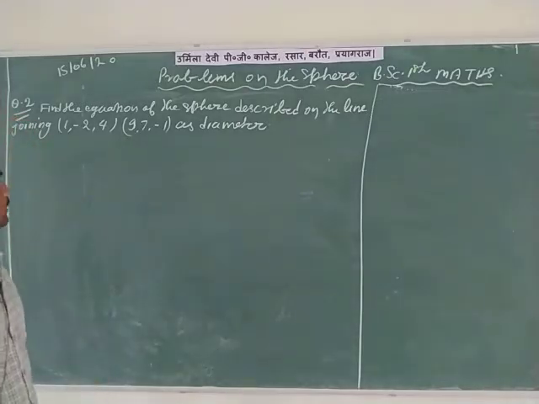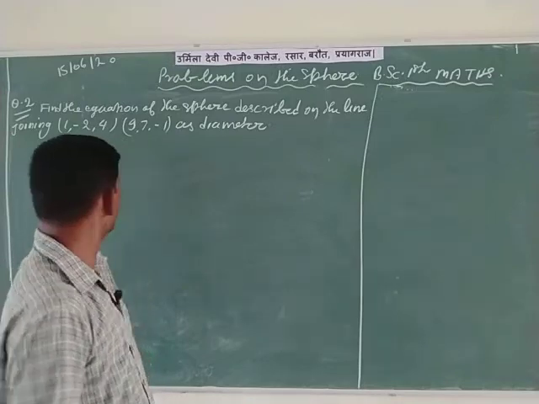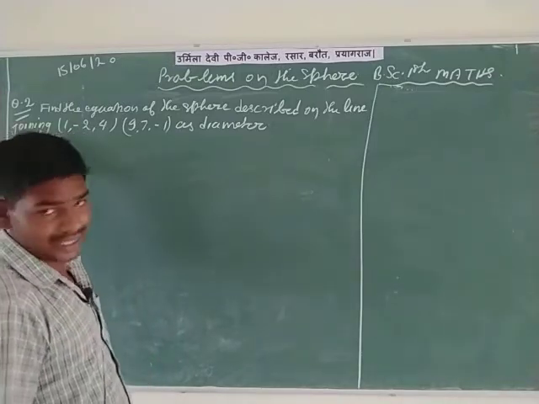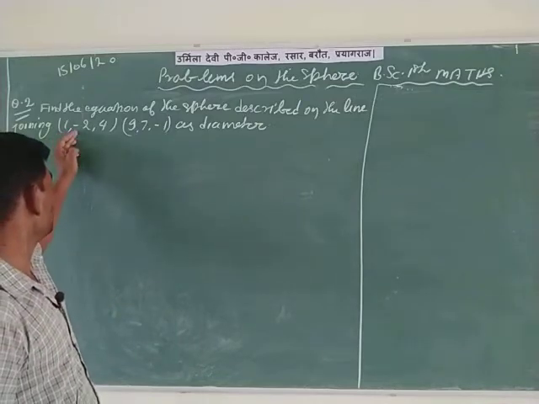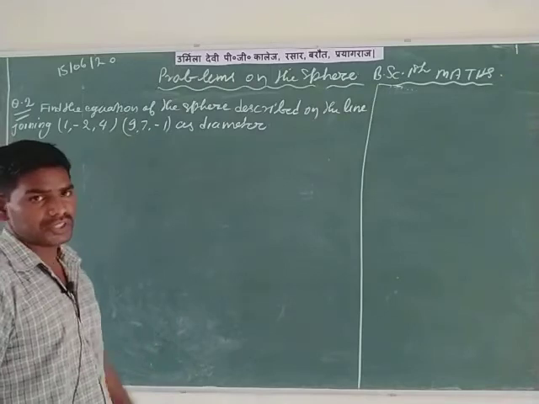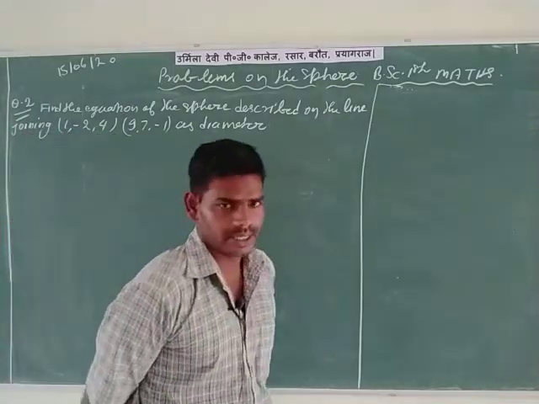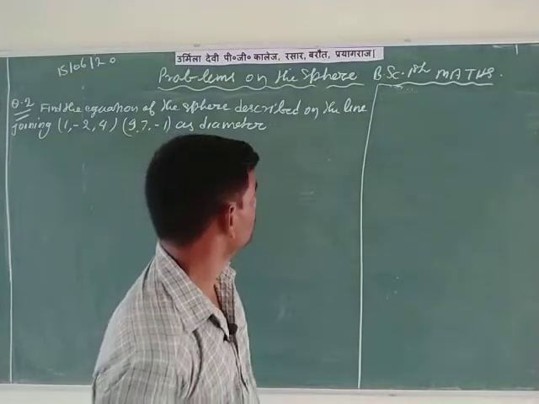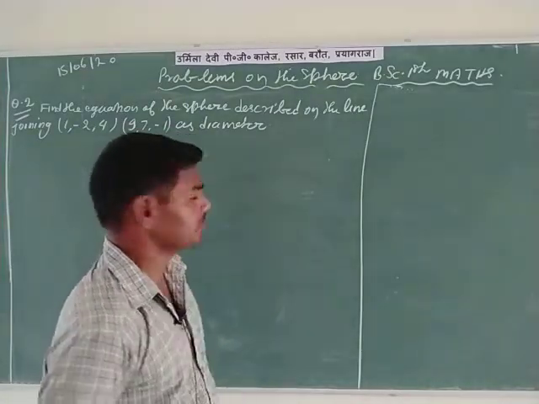In question second, find the equation of the sphere described on the line joining, whose end point coordinates are 1, minus 2, 4 and 9, 7, minus 1, as diameter. In this question, the coordinates of the end points of the diameter are given, for which we want to find the equation of the sphere.